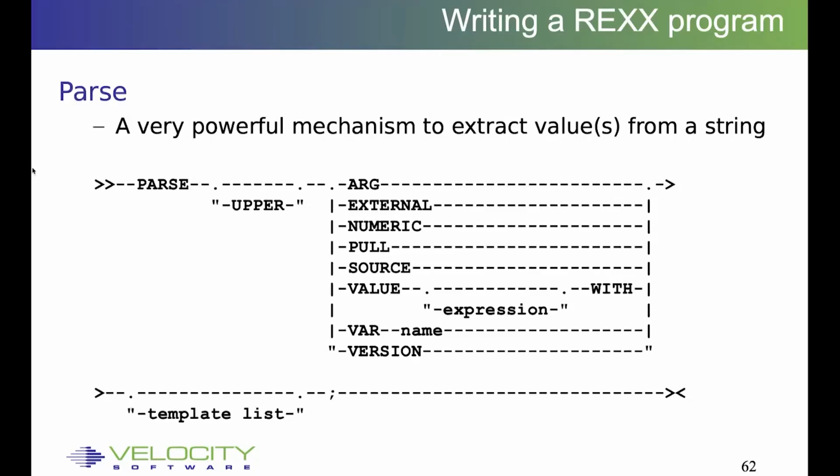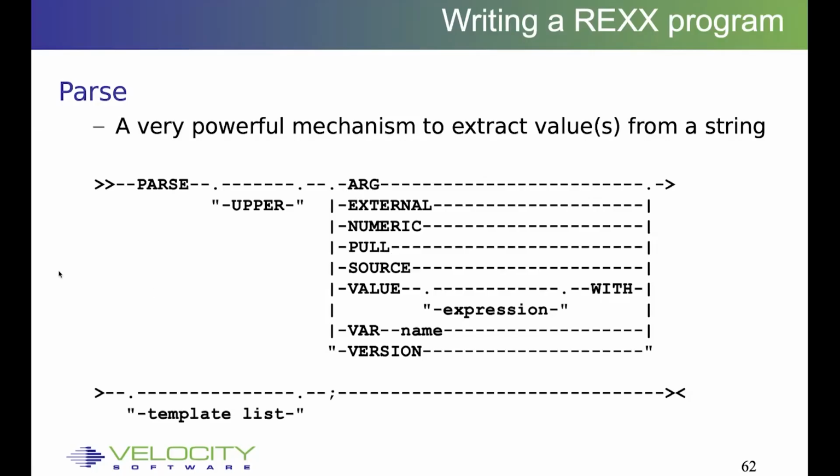Parse is a very powerful mechanism that allows you to extract values from a string. We were exposed to parse briefly when we talked about accepting input from either the command line or the console with parse arg, parse pull. Those options are listed here, parse arg, parse pull.